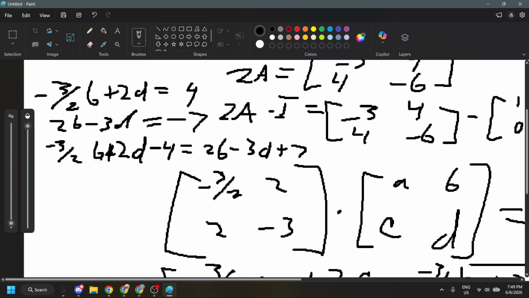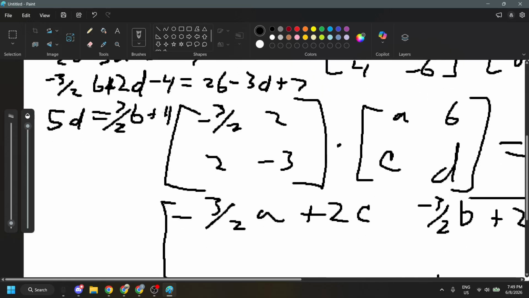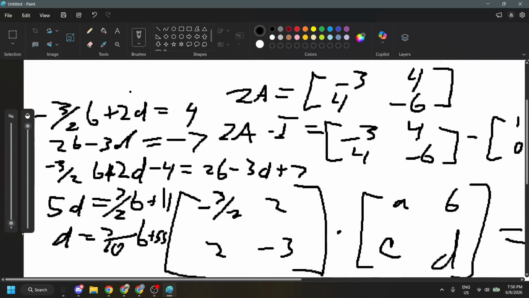So we add this to both sides, and we get 5d is equal to 7 over 2b plus 11. So d is equal to 7 over 10b plus 55. Oh my god.